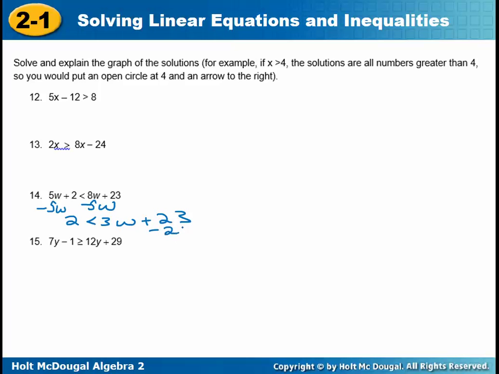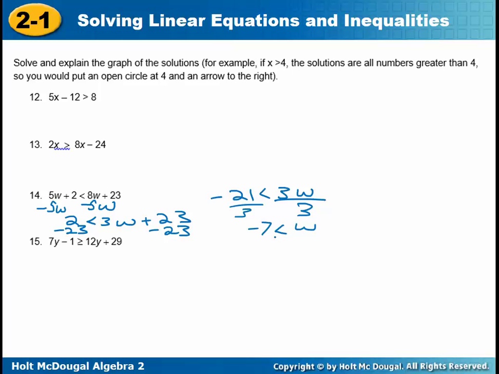And then I would subtract the 23, and I would get negative 21 is less than 3w. Oops, that's it. Just 3w. Divide by 3 on both sides. And I'll get negative 7 is less than w.